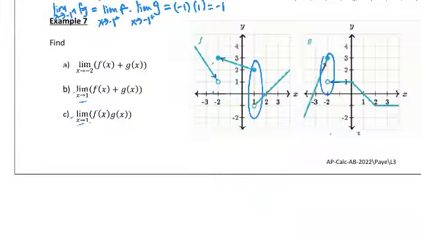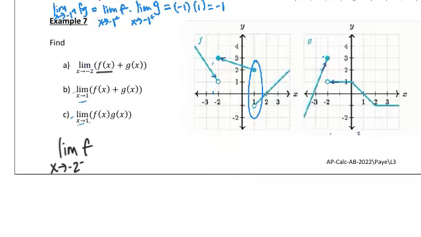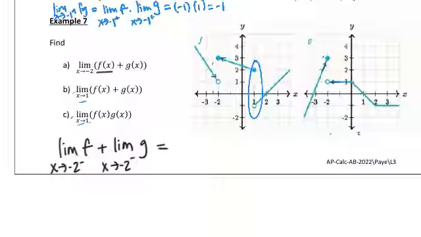So let's start with the -2 and see what we get for that. So for x equal to -2, I'm going to look at the one-sided limits, right? So this is going to end up being the limit of f plus the limit of g, right? So I'll do the limit of f from the left plus the limit of g approaching -2 from the left, right? So we can see that f approaches 1 and g approaches 3, right?